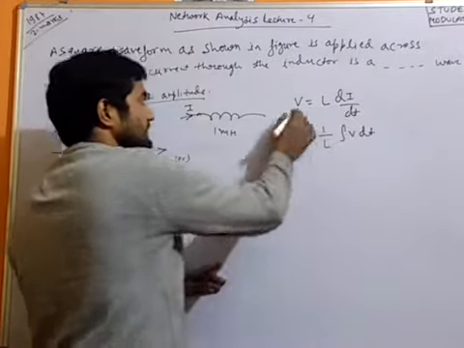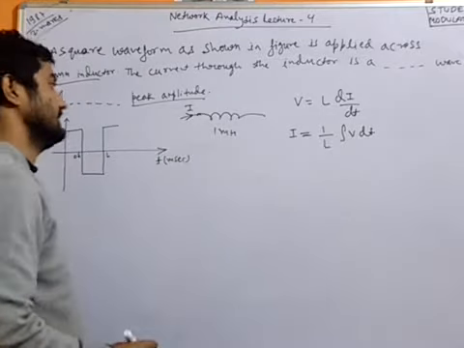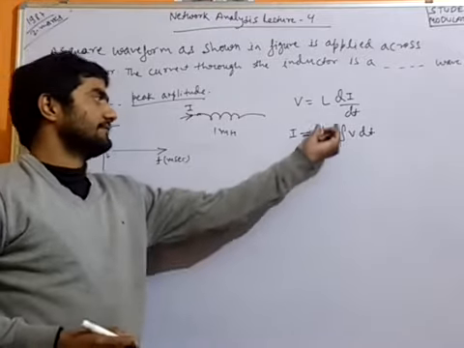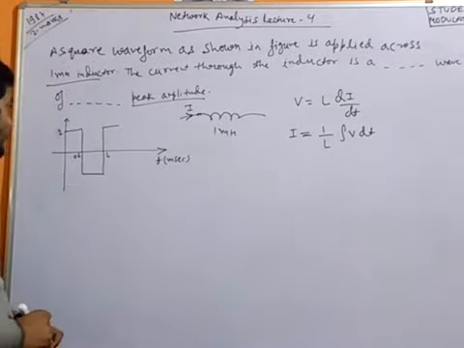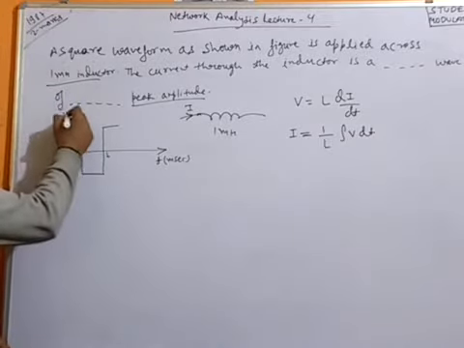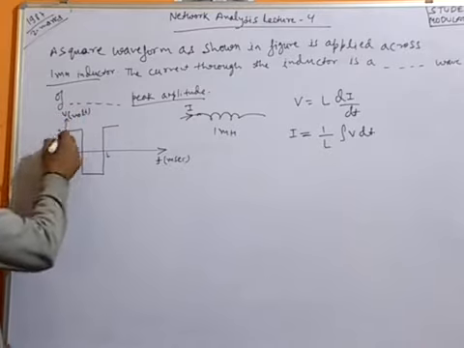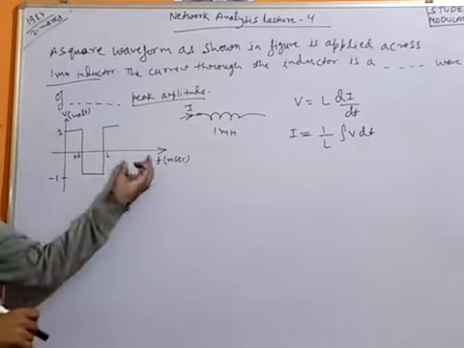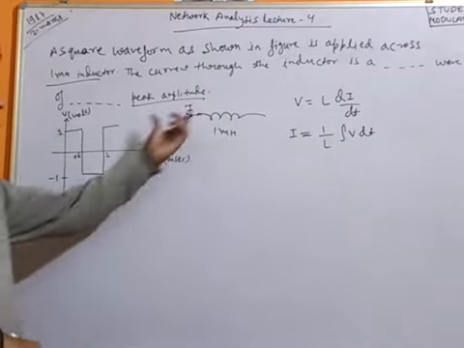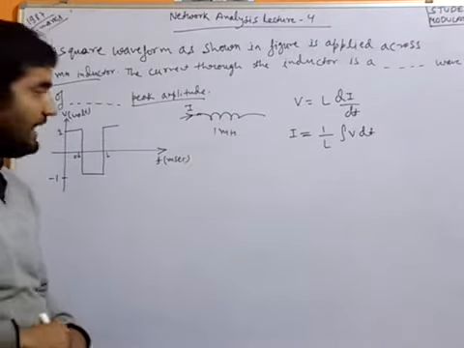Here it was differentiation, so here it will be integration. Now this is voltage in volts, this will be 1 volt, this will be minus 1 volt, this is time in milliseconds, and the inductance value is 1 millihenry.